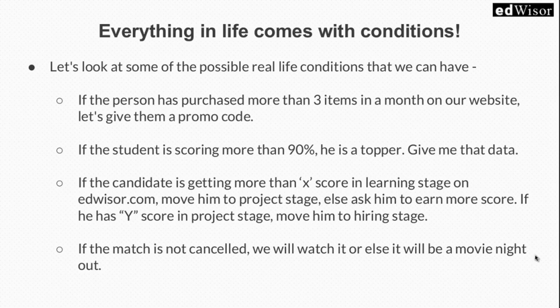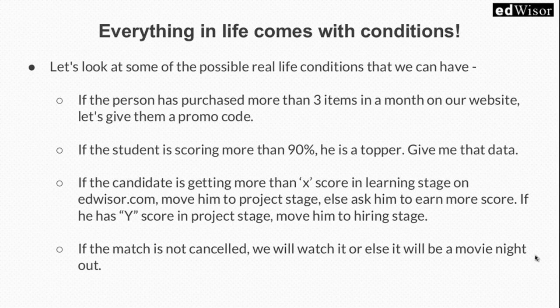The score given here, X, Y, is calculated on the basis of an algorithm, obviously, but there is a certain defined point which you have to achieve to get further. So this is a condition. In real life this is a condition, and when you program it in your application, this kind of condition has to be programmed.